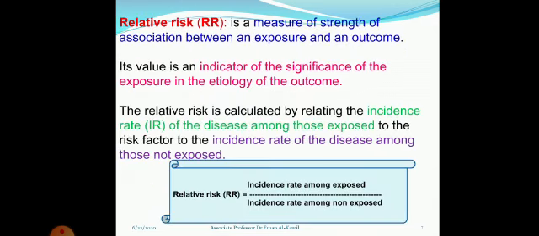Another important factor is the relative risk. Relative risk is a measurement of the strength of association between an exposure and an outcome. If we want to measure how strong the association is between the risk factor and the outcome, we are going to estimate what is called the relative risk.